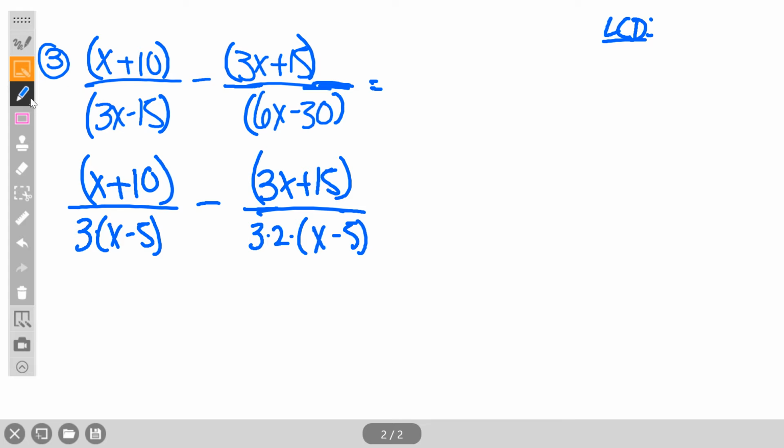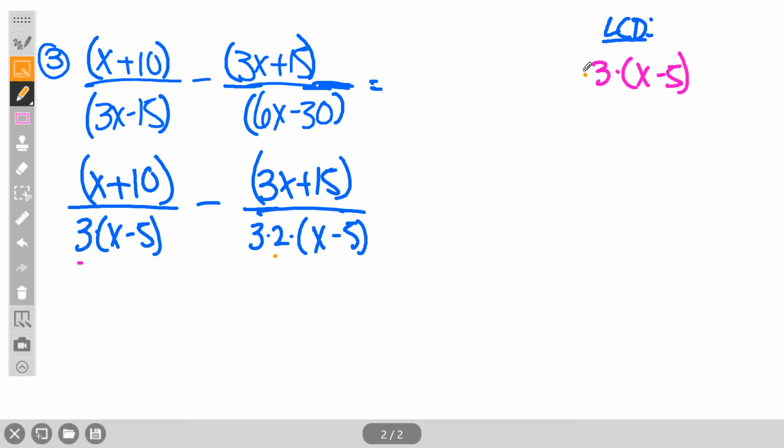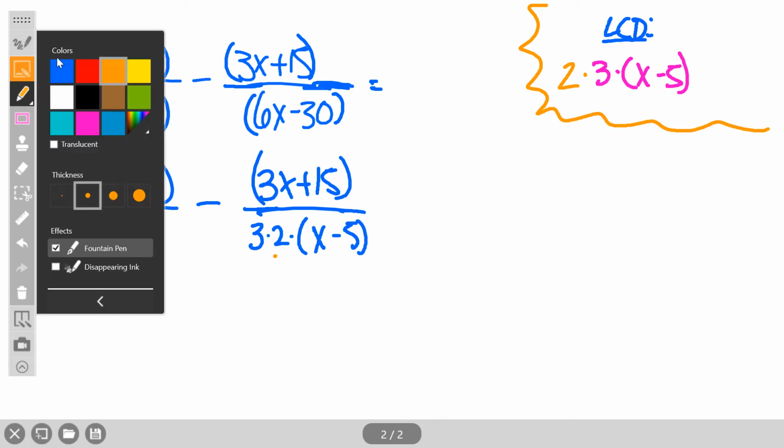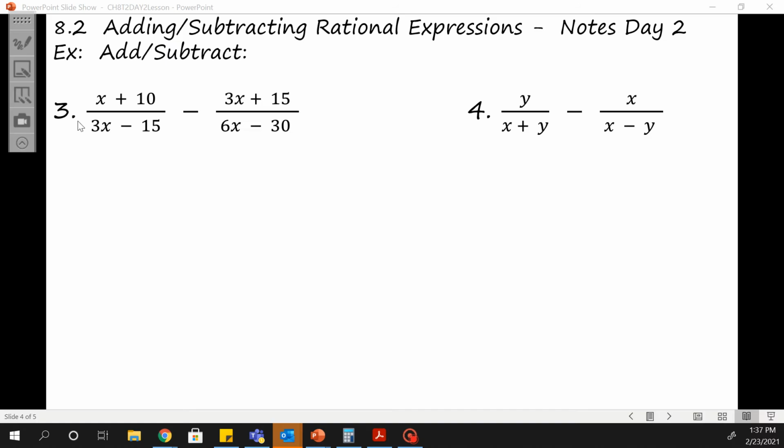So the LCD is going to be what they have in common and what they don't have in common. They have a 3 in common, they have an x minus 5 in common. What they don't have in common is the 2. So the factors of the LCD are 2 times 3 and x minus 5. I'm going to have to multiply these to make the LCD.